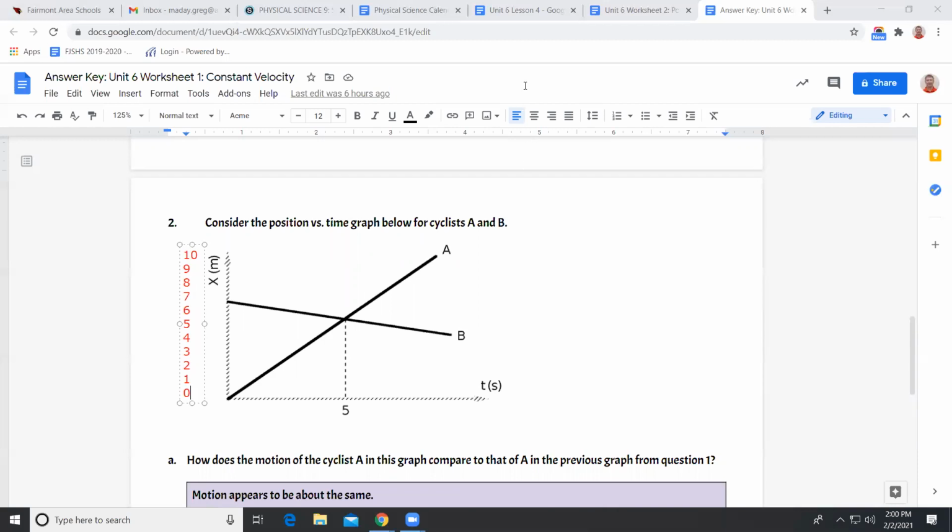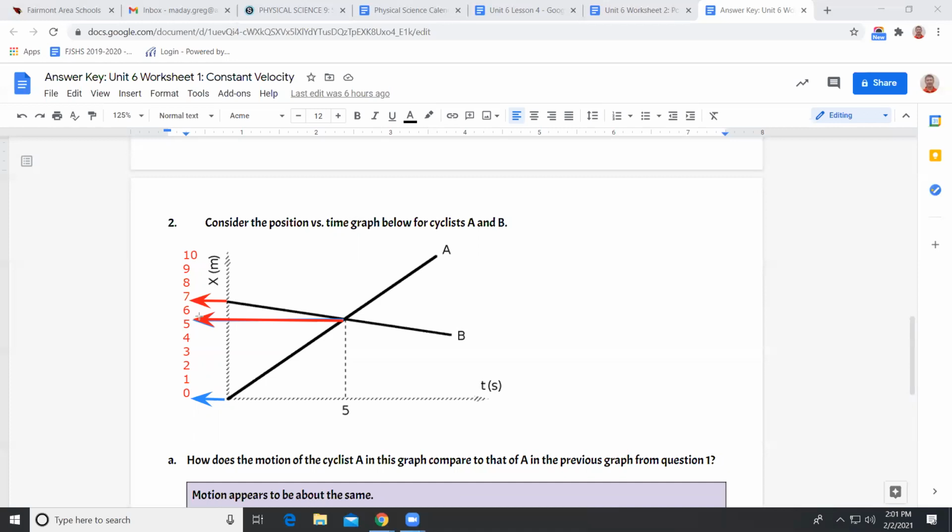Cyclist A started at basically the 0 meter mark, and after 5 seconds they were right about the 5 meter mark. So cyclist A traveled 5 meters. Whereas cyclist B started about the 7 meter mark and traveled to about the 5, so they've traveled about 2 meters.